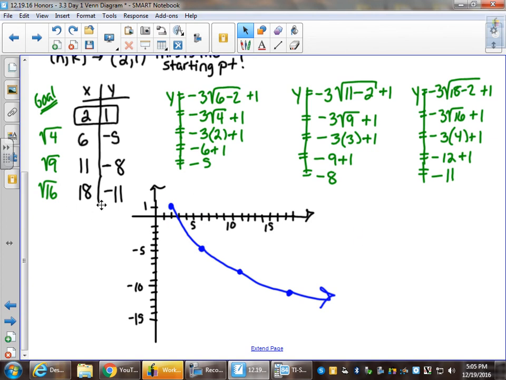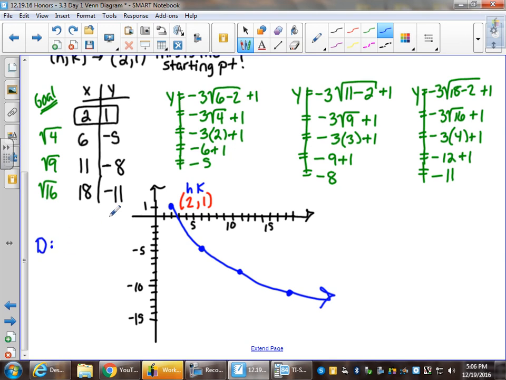We were also asked for domain, range, and intercepts. So domain and range, let's do that first. Remember, H, K affects this. So this was 2, 1, H, K. So my domain, put it over here.